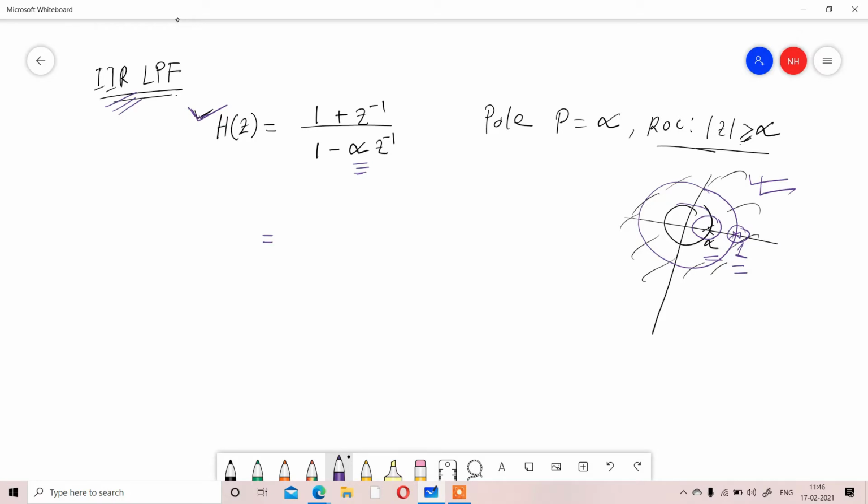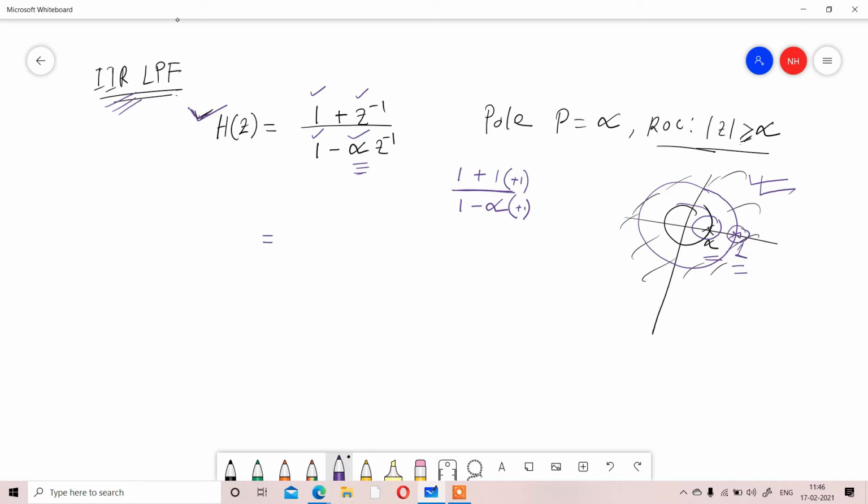The DC coefficient of the filter is, for this case 1, for this case 1, for this case 1, and for this case minus alpha. So DC coefficient is (1 plus 1) by (1 minus alpha). Okay, and keep in mind, for IIR filter, that will be multiplied by plus 1.